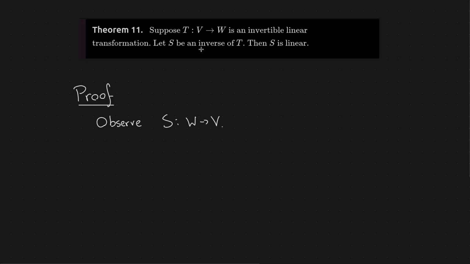If S is an inverse of T, then it has to undo whatever T does. Since T takes V to W, S better move it back from W to V. Okay? So S maps W to V. What I want to show is that S is linear, so that means it preserves linear combinations. We saw that that is an equivalent condition.